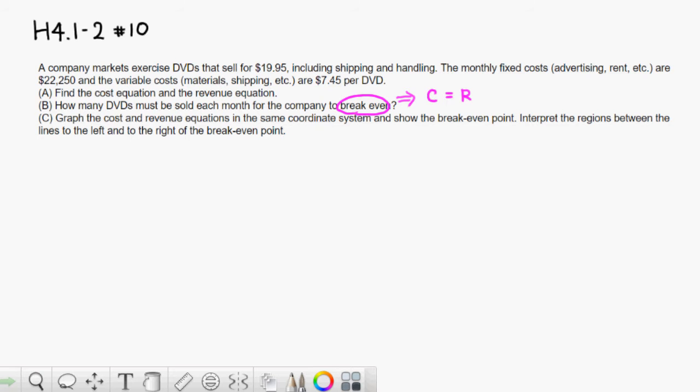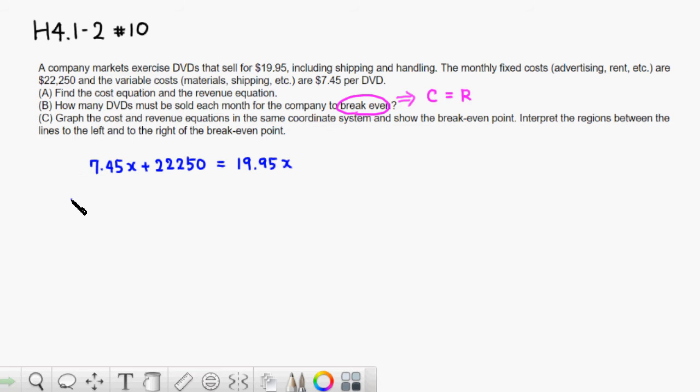So the cost function we came up with was 7.45x plus 22,250, right? This is the cost function, so we have to set this guy equal to the revenue function, which is 19.95x.